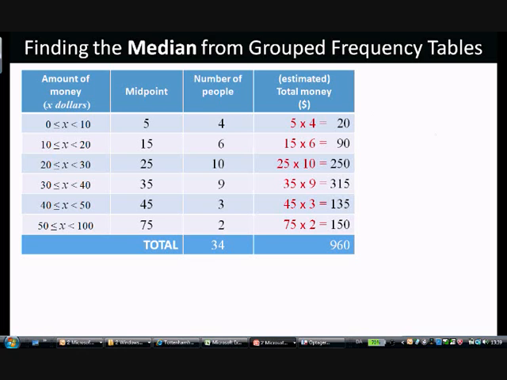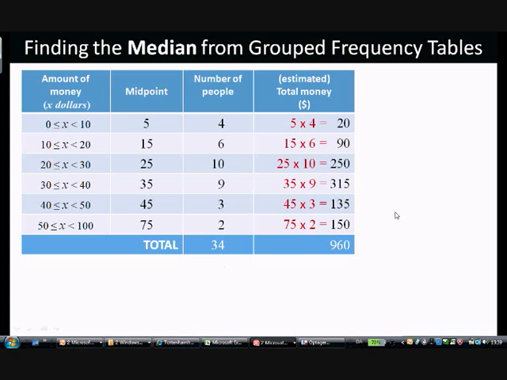So this is what we did last time in film number 1. We had various people with amounts of dollars. We knew they were between 0 and 10, or 10 and 20, or 20 and $30, but we didn't know exactly how much they had. What we did last time was to guess that they all had the middle amount, multiply that out to find out how much money there was in total, and then we divided that by the number of people to find the mean.